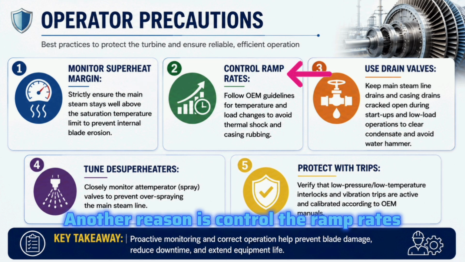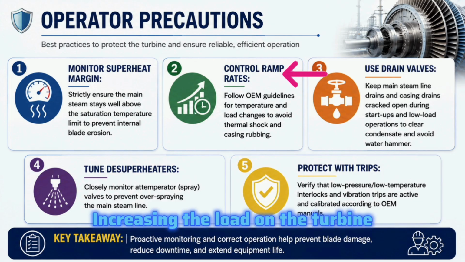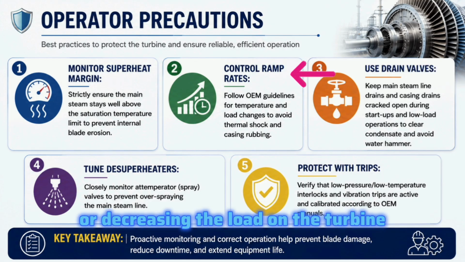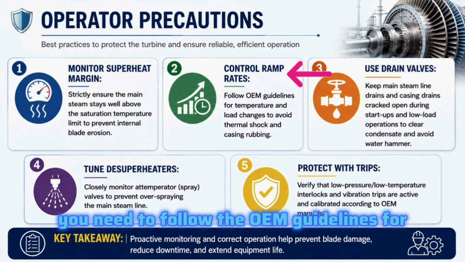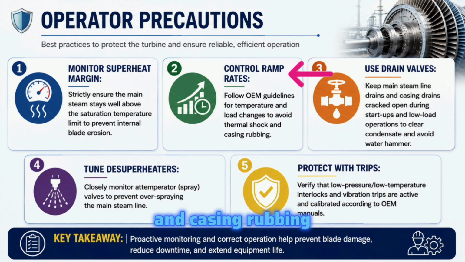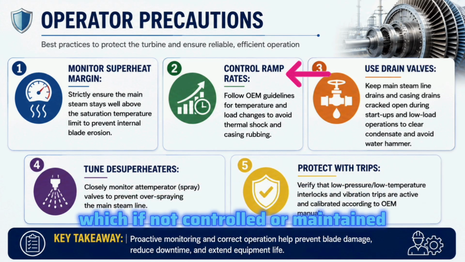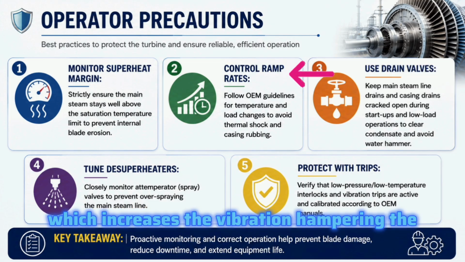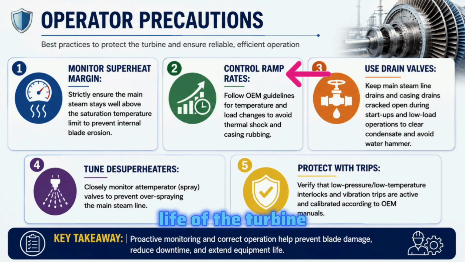Another precaution is to control the ramp rates, when increasing or decreasing the load on the turbine. You need to follow the OEM guidelines for temperature and load changes to avoid thermal shock and casing rubbing, which, if not controlled, increases the vibration, hampering the life of the turbine.